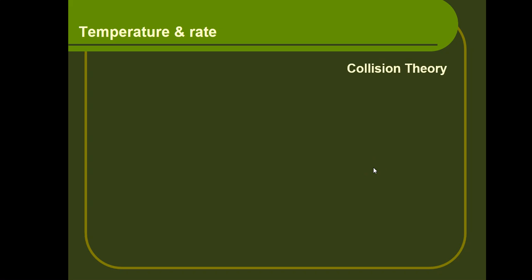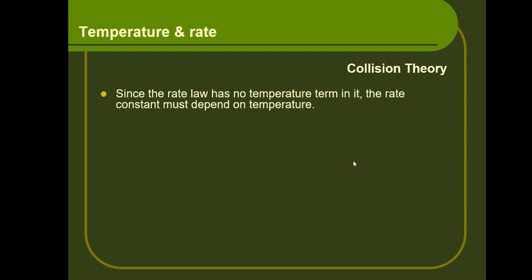Now, in terms of the relationship of the rate to temperature, I've mentioned a while ago that your rate constant is temperature dependent. And where do we base the dependency of the rate on temperature? There are two theories which kinetics bases the rate of a reaction on: the collision theory and the Arrhenius theory.